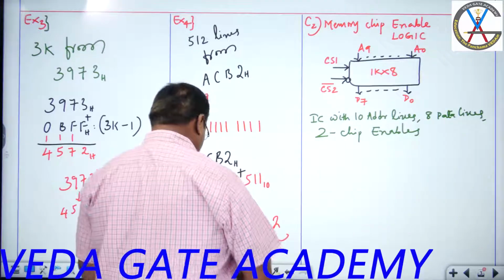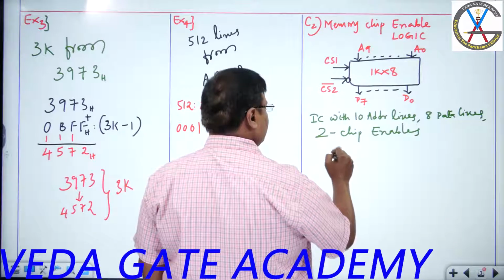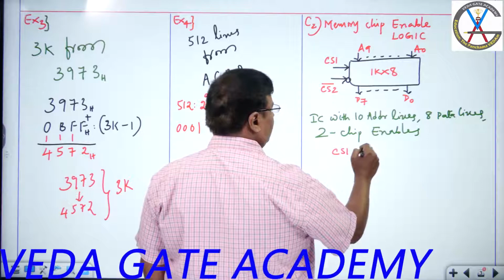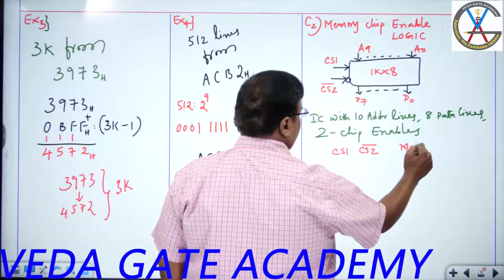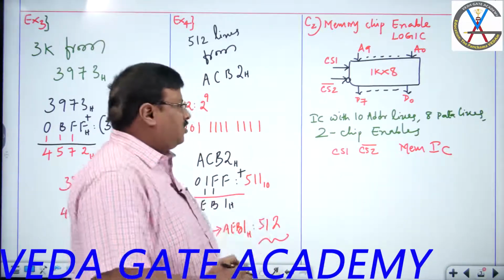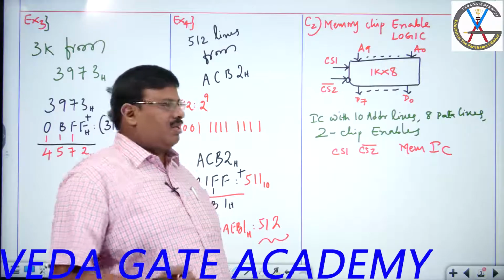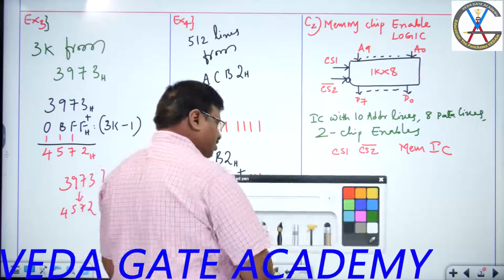Now based on the chip enables, how is the IC activation? CS1, CS2 bar, memory IC. See this logic I have already taught you. In decoders I taught you, and in multiplexers also. Nothing new, this is known to you, just to revise once.